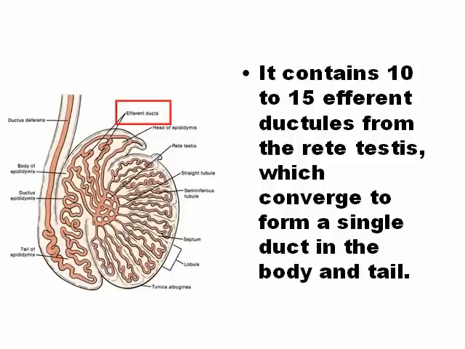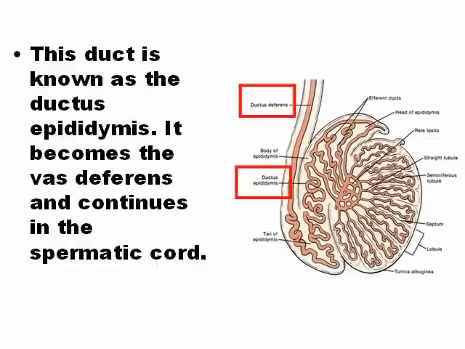It contains 10 to 15 efferent ductules. These tubules converge to form a single duct in the body and tail. This duct is known as the ductus epididymis. It becomes the vas deferens and continues in the spermatic cord.